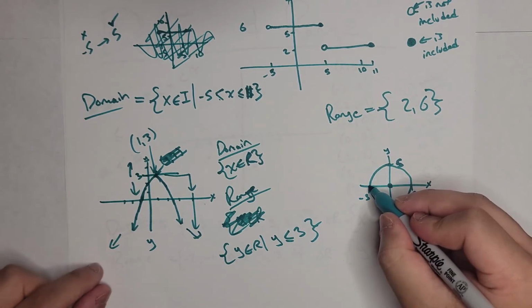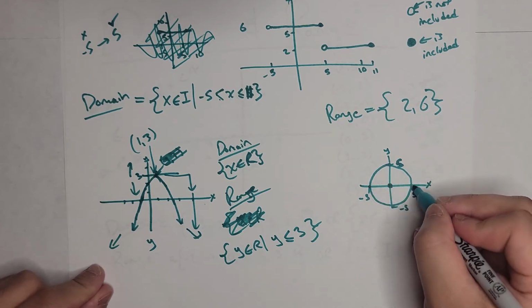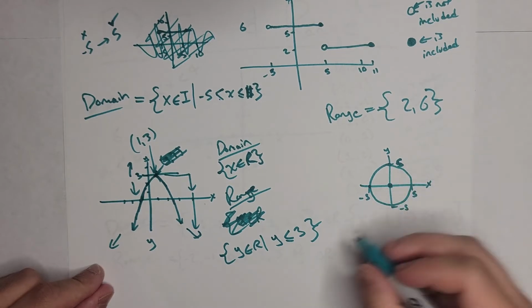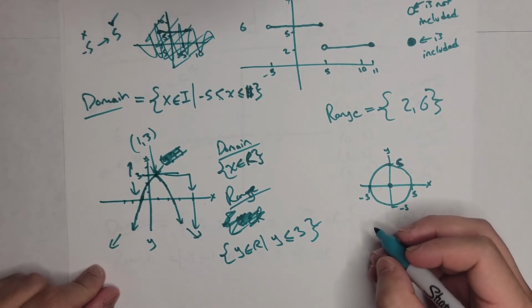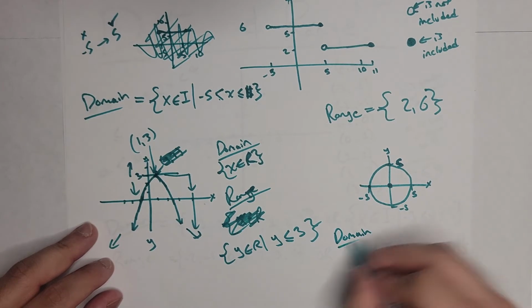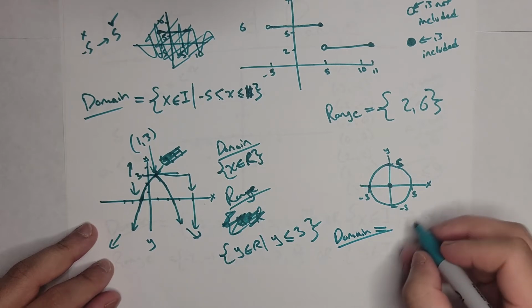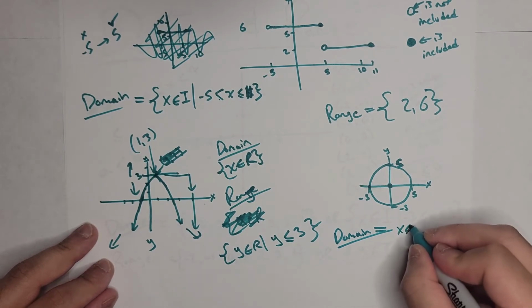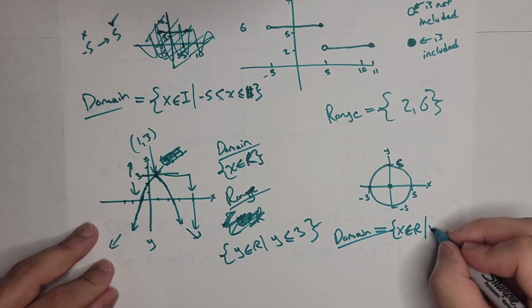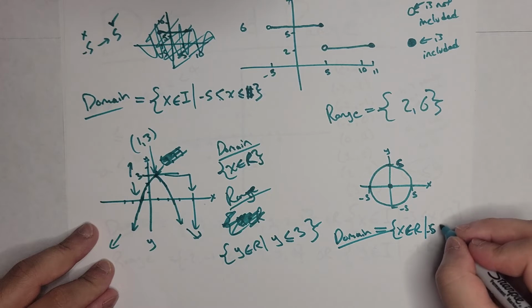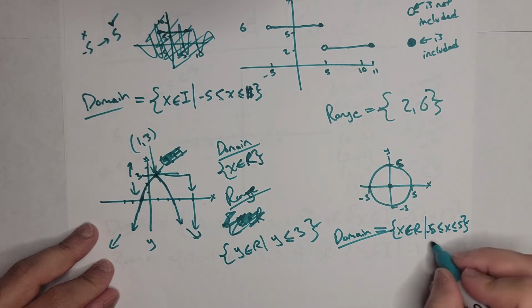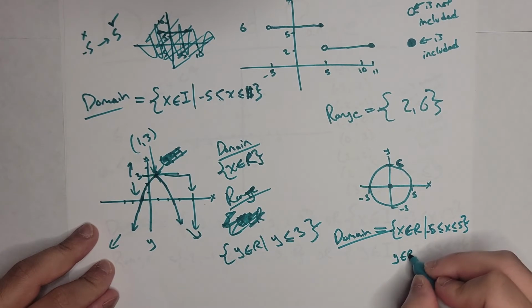Our x can be all the numbers from -5 to 5. We have a value for every x. Same with y. So for a circle, it's very easy. Our domain is x ∈ ℝ, -5 to 5, and same with our y.